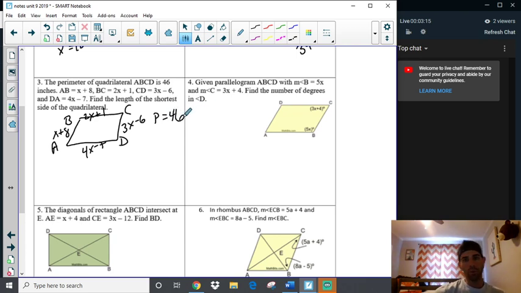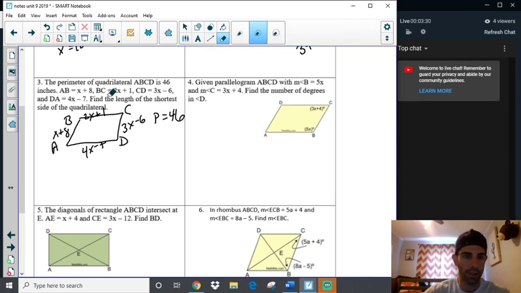So now in order to find perimeter, you have to add all sides. So this has really nothing to do with any of the rules that we have learned for quadrilaterals. It's just saying, do you know what perimeter means? So all I have to do is add up all of these sides and set it equal to 46. So let me get this out of our way.